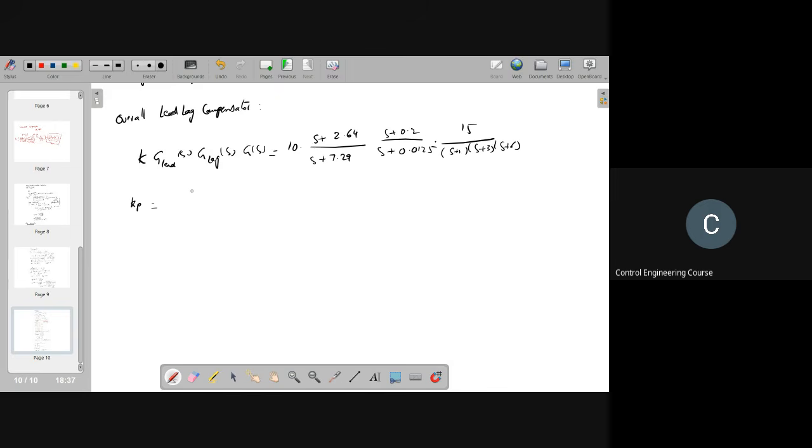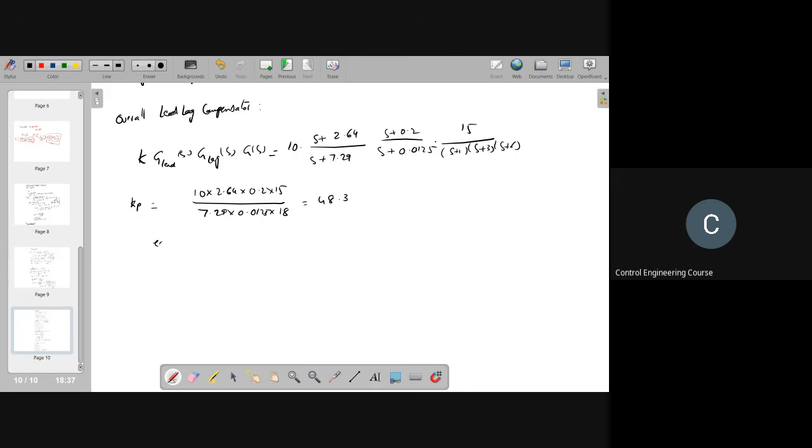That is equal to 10 into 2.64 into 0.2 into 15 divided by 7.29 into 0.0125 into 18. So this will be 48.3.